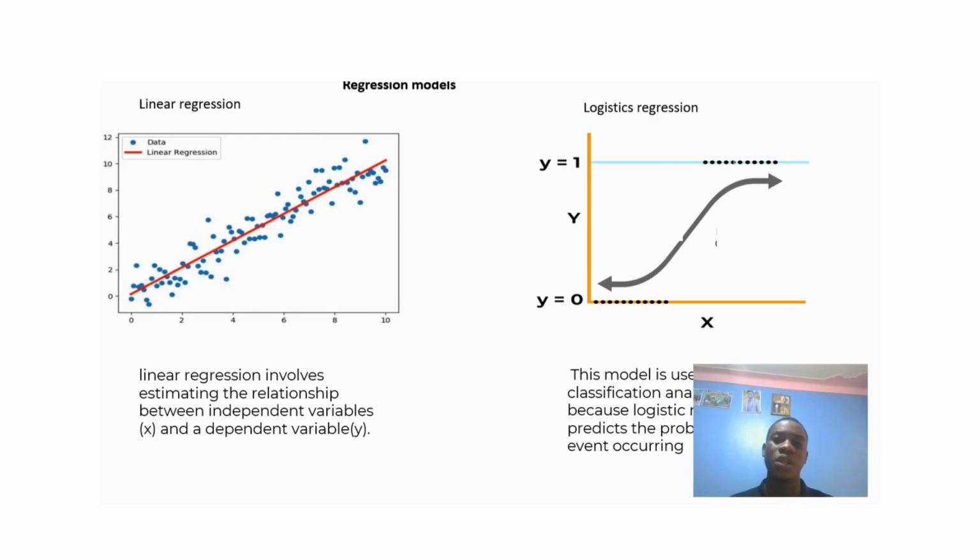Then logistic regression is used for classification analysis. This is because it is a probabilistic model, and it oscillates between 0 and 1.